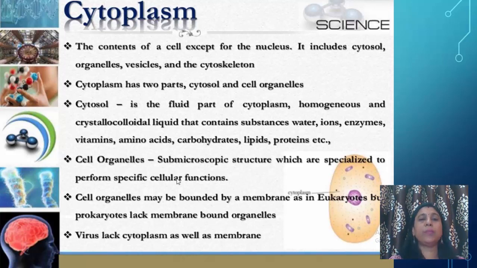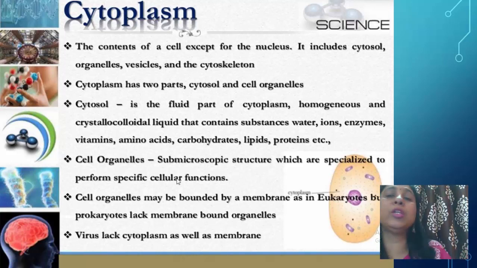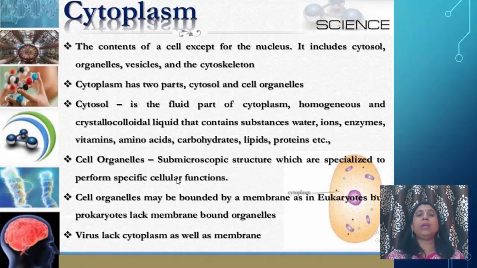Cytoplasm has two parts, cytosol and cell organelles. Cytosol is the fluid part of the cytoplasm. It is homogeneous. Homogeneous means uniform, and it is a crystalloidal solution liquid that contains substances, water, ions, enzymes, vitamins, amino acids, carbohydrates, lipids, proteins, etc.